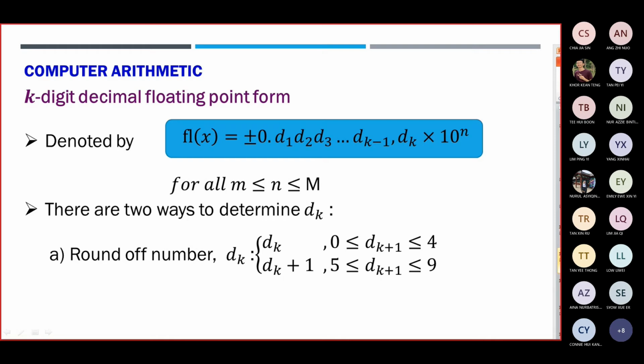Otherwise, when we round off numbers, in programming we have to declare it in the system. We declare that if the digit is between 0 to 4, it will take the nearest lower number. If it is 5 and above, it will take the nearest greater number.